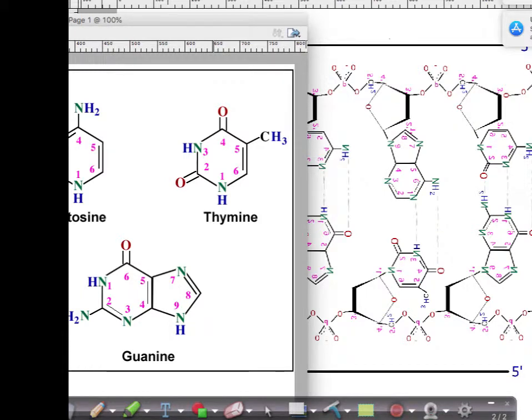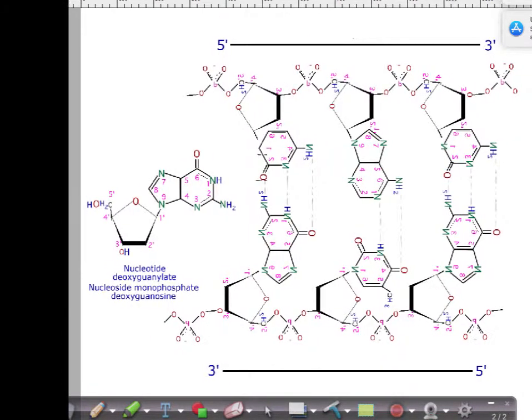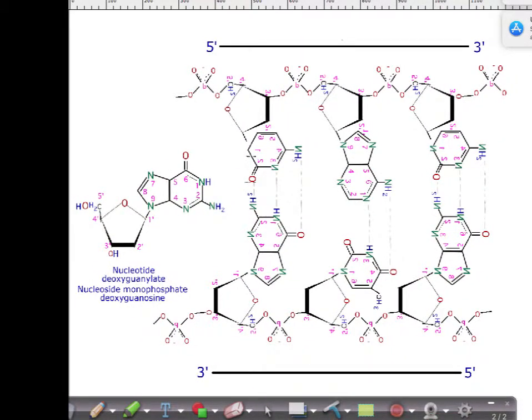So the building blocks of DNA are nucleotides, or you could say they're nucleoside monophosphates in DNA, or they're built from nucleoside triphosphates. And so there's a lot of lingo that goes around that.